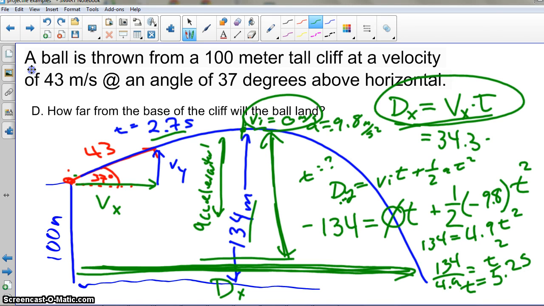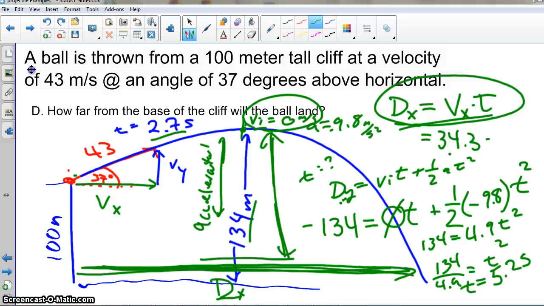Okay, now we are very close to being ready to solve the final problem, which is how far did it go in the x direction? We said we could do that by taking the x velocity, which we know, times the time. And be careful, what is the time that we're going to use here? Am I going to add the two times or not?